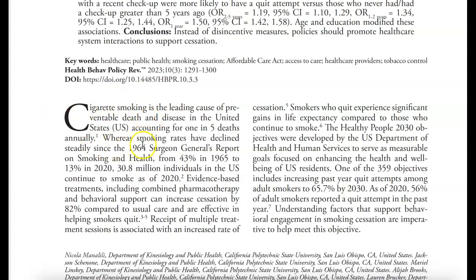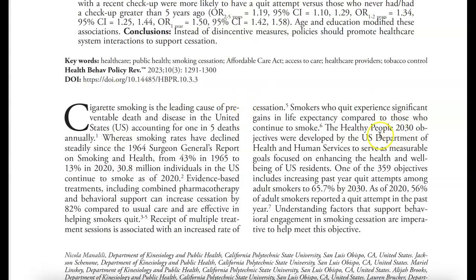So if you look at this article, you'll see that it starts off talking about how cigarette smoking is the leading cause of preventable death and disease in the U.S., and talks about changes in smoking rates over time. It talks about some background information on the fact that people can quit smoking by using evidence-based treatments.